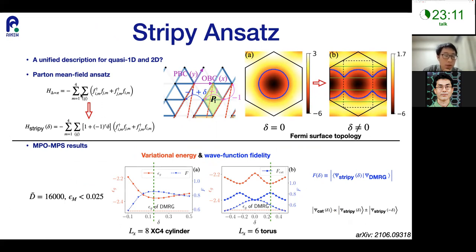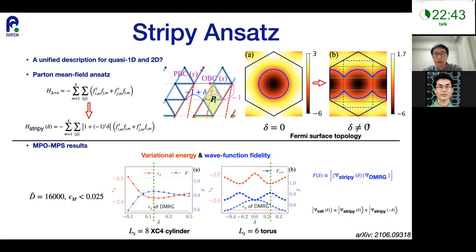So here we start from the uniform pi flux state and involve an extra parameter delta to break the translational symmetry of the hopping along the x direction. When delta equals 0, it restores the uniform pi flux, and this is the related Fermi surface.